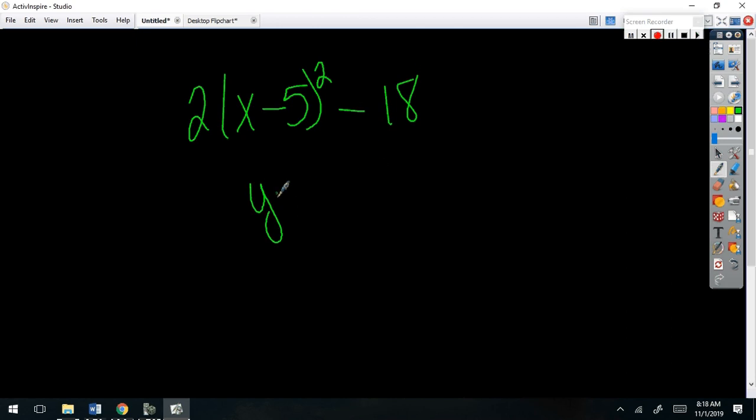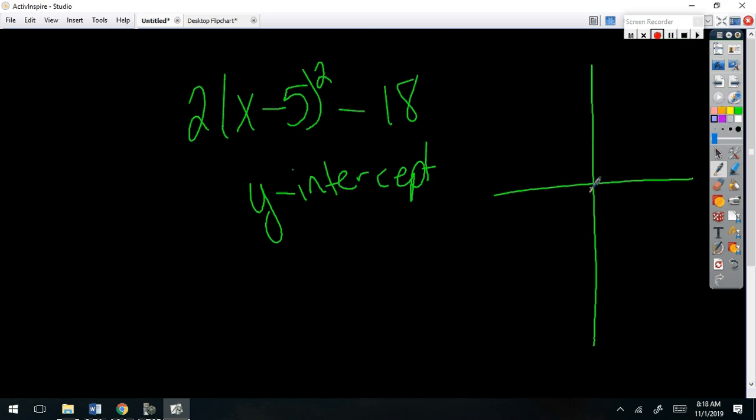What happens at every y-intercept? All right, let me do it this way. Y-intercepts are where they cross the y-axis, right? What are the coordinates of this point? This one right here, what's the coordinates? 0, 1.